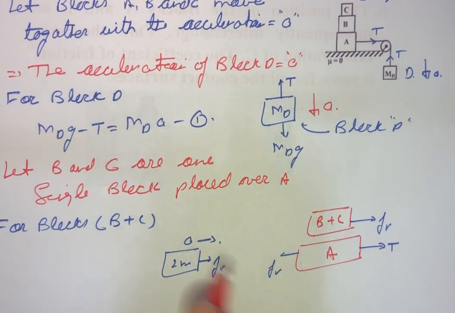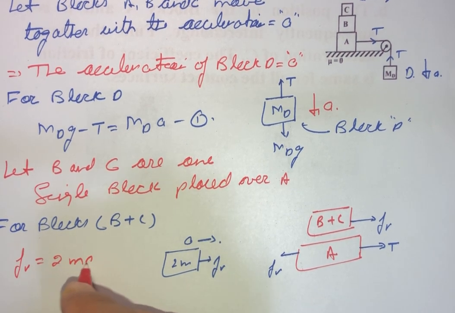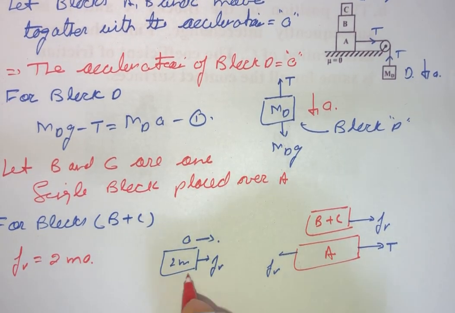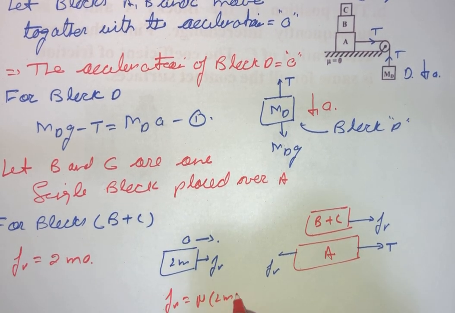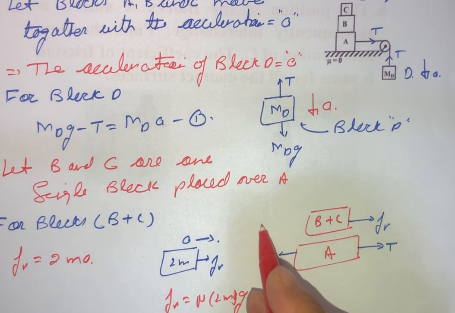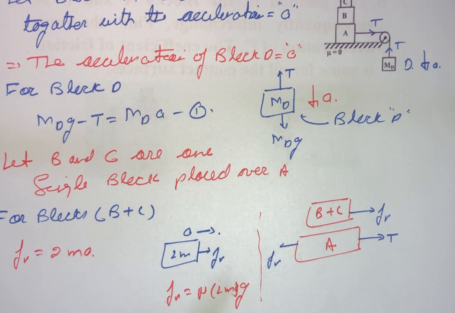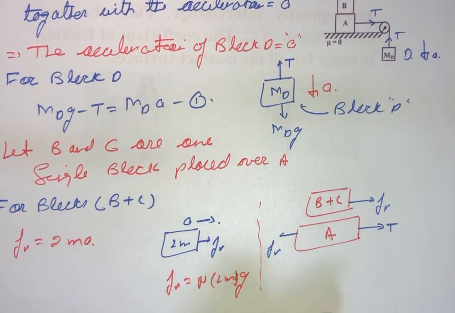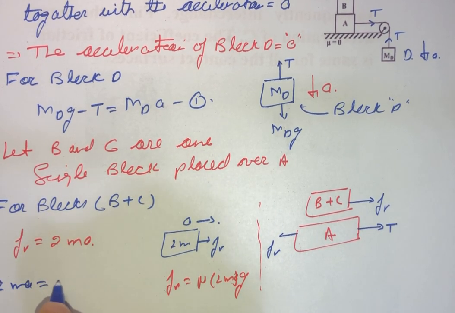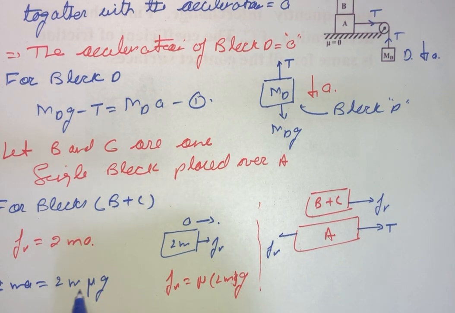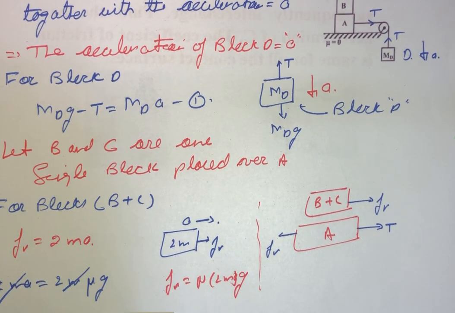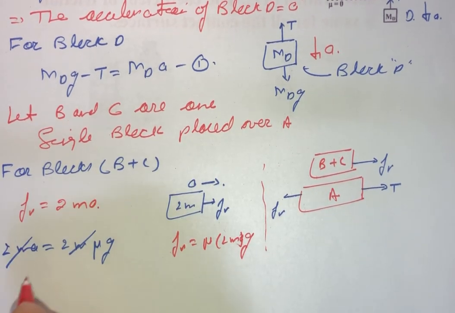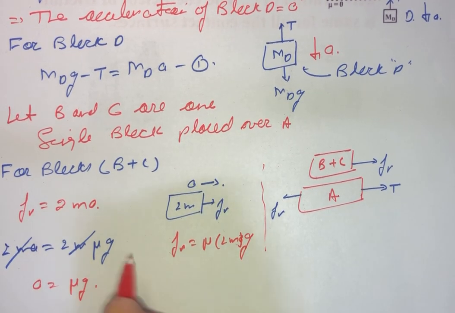So we can write the equation that Fr will be equal to 2ma, and also we can write that Fr is equal to mu times 2m times g. We can equate these two: 2ma is equal to 2m mu g. So from here our acceleration a comes out equal to mu g.